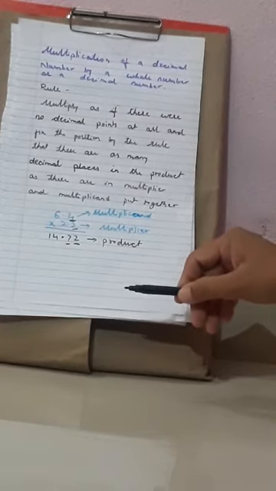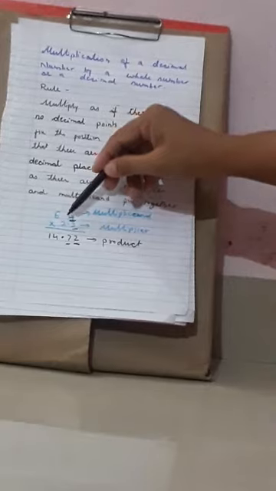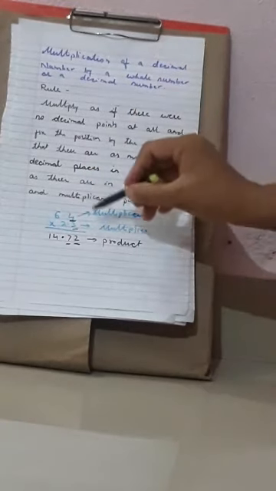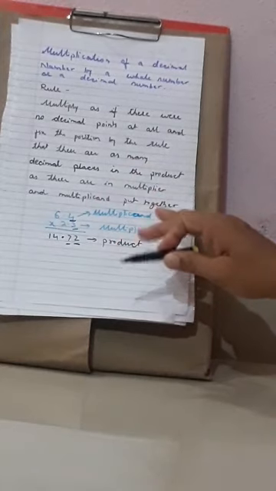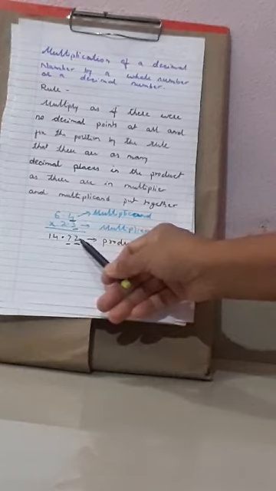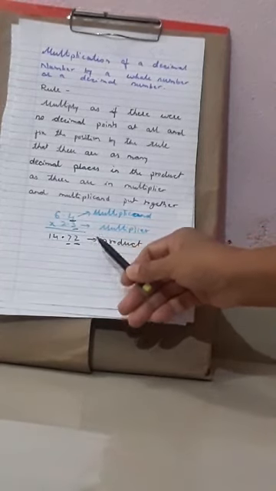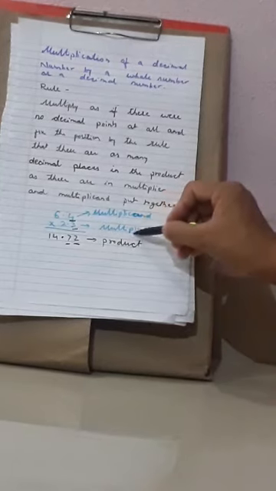Let's go with one example, student. If it is 6.4 into 2.3, when you multiply this, you will consider it as if there is no decimal point. So after multiplication, what did you get? 1472. Now count for the multiplicand and multiplier.